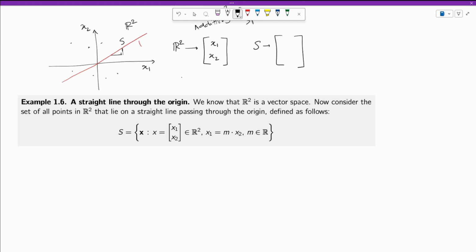If I take one point on this line, say this point or this point, what will be the two elements x1 and x2 in this case? They cannot be completely independent of each other. If I choose x1, x2 is already determined for me. If I choose x2, x1 is determined for me, because I'm constrained to be on that line. I cannot freely roam around in this entire two-dimensional space.